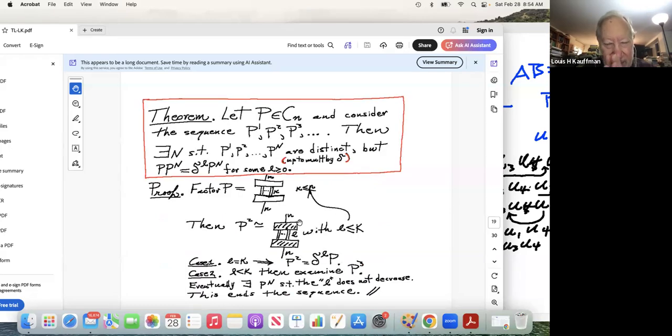Here's another result. Suppose you have an element in the monoid, and you consider the powers of that element. What happens? If you have an element in the braid group and you consider powers of that element, it goes on forever.